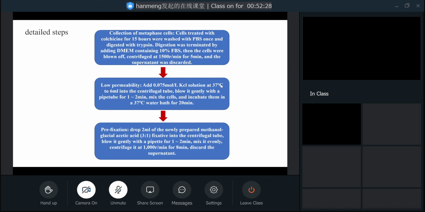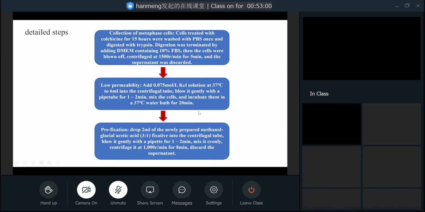Then put it onto the cells and gently blow the cells with a pipette for about 1 minute. Then mix the cells and incubate them in a 37 degree water bath for 20 minutes.